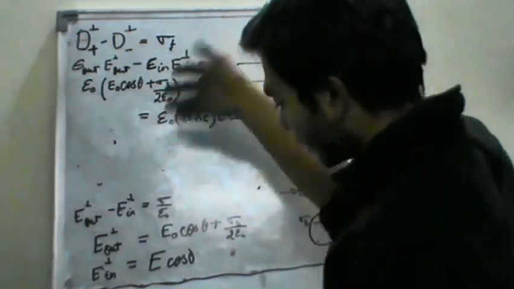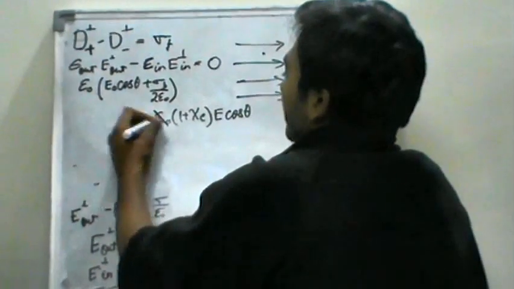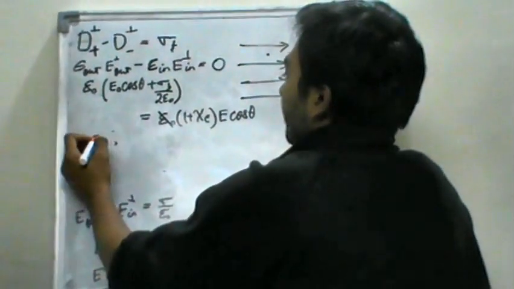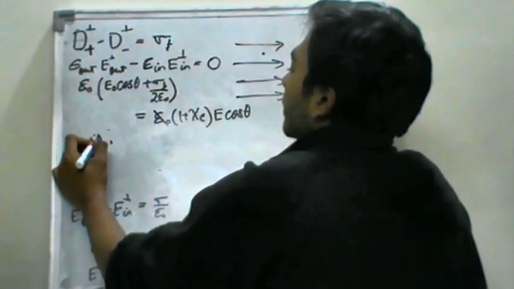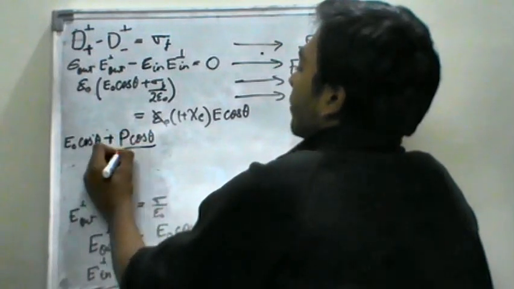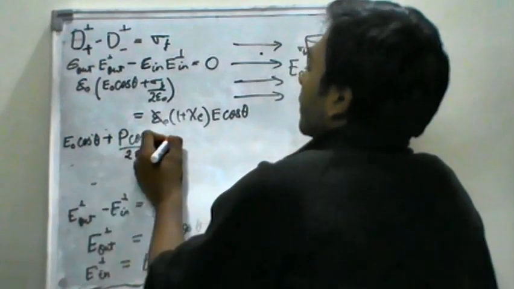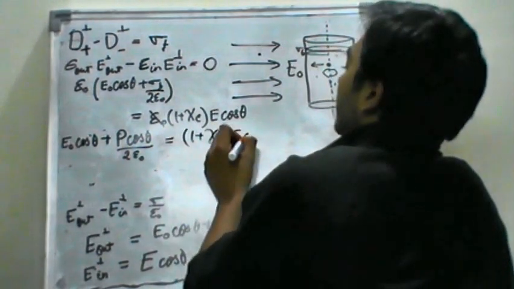Now put the value of sigma b as P cos theta. Cancel this epsilon naught. It is easy enough. So we get E naught cos theta plus P cos theta by 2 epsilon naught equal to 1 plus chi times E cos theta.